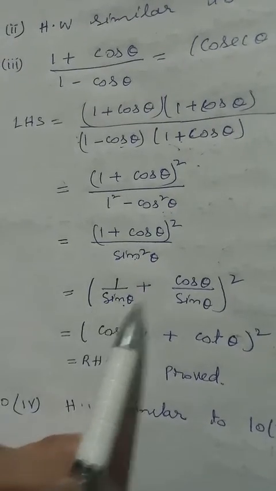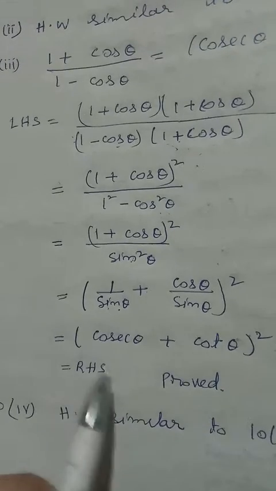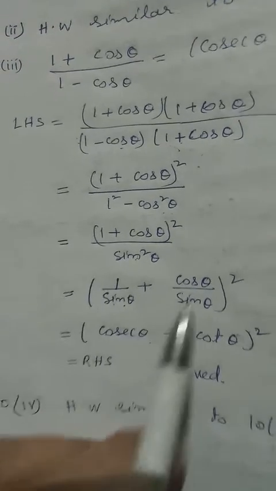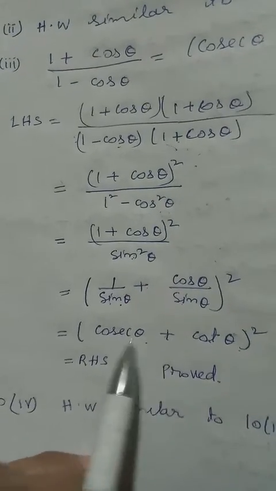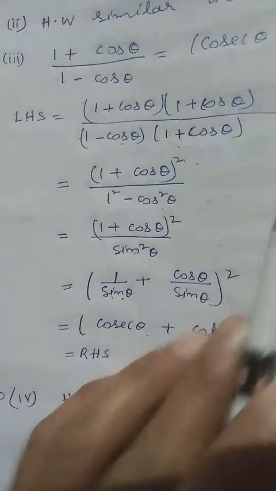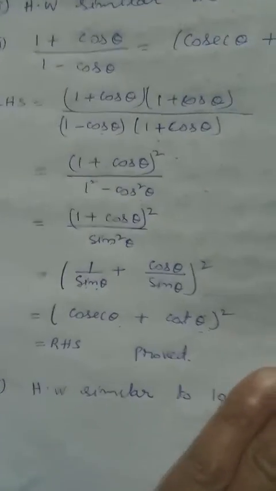So it will be 1 by sine plus cos by sine. 1 by sine from the relation we know it is cosec theta. Cos by sine we know it is cot theta, plus whole square. So if you check the right hand side, this is what we want. So we prove. Okay.